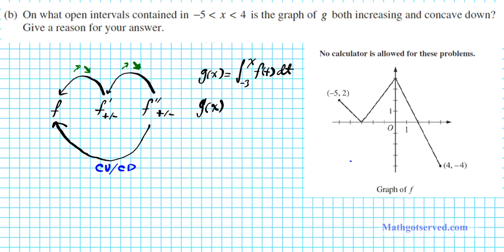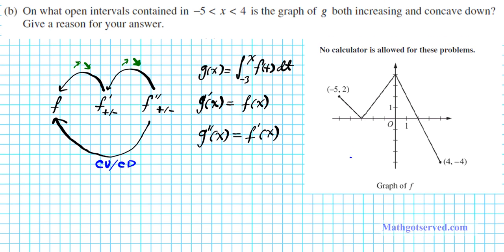G prime of x, using FTC part 2, is going to be f of x. And the second derivative of G is going to be f prime, because we're differentiating this. So these are what I'm going to be using in my chart.